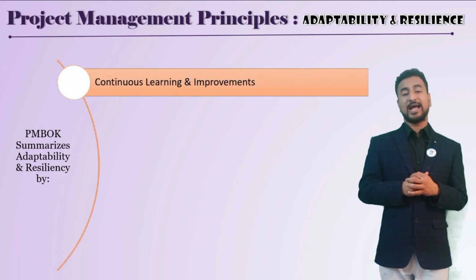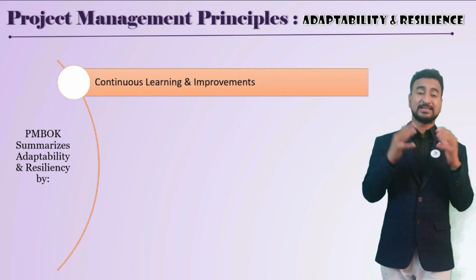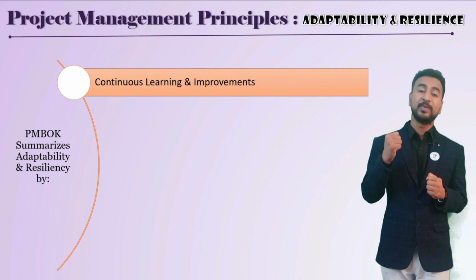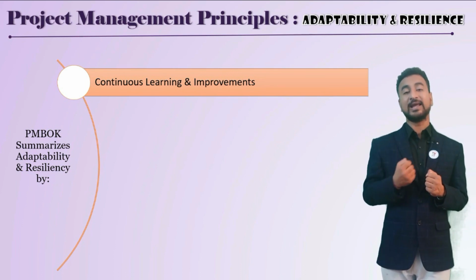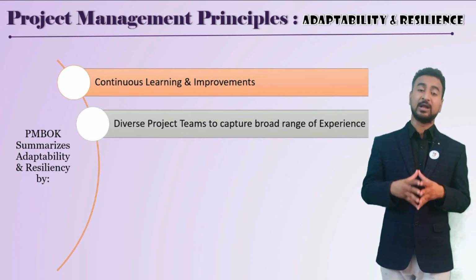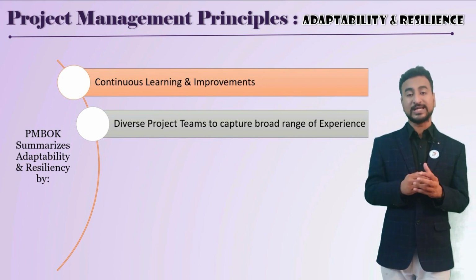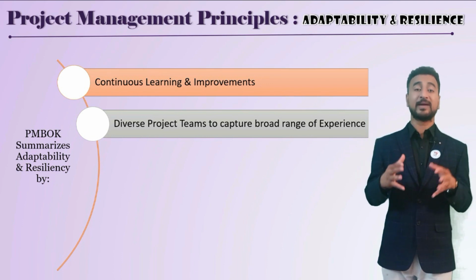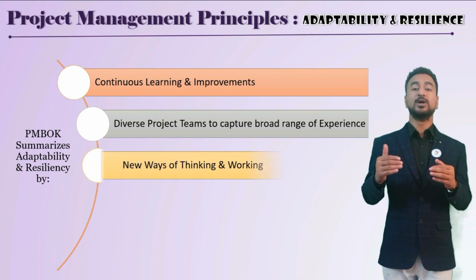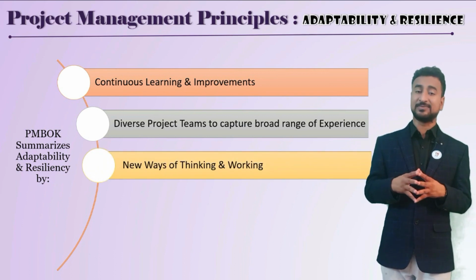What PMBOK summarizes about adaptability and resilience is that to have this trait, you have to be a constantly learning and improving organization. You have a diverse project team from different project backgrounds, so you have a wide spectrum to understand the ecosystem.